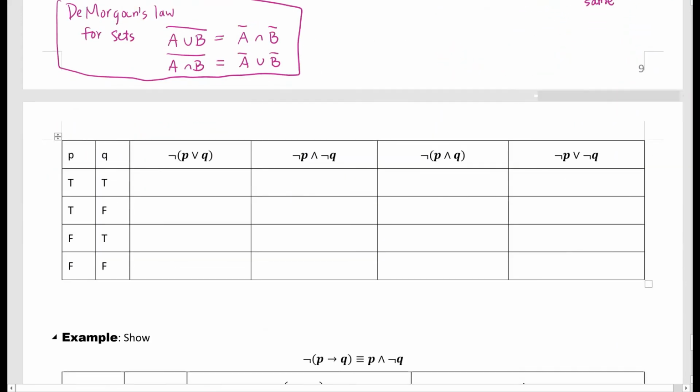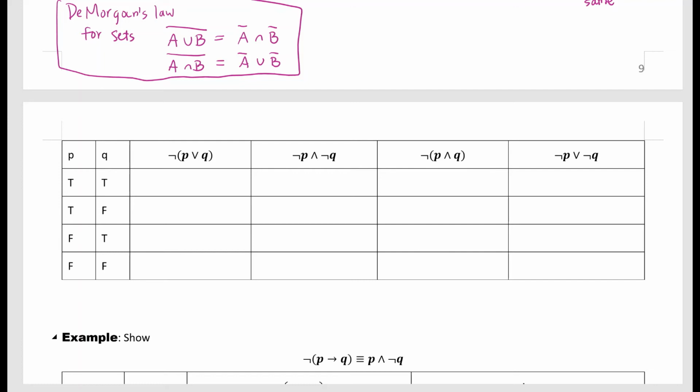All right, so this is the truth table. Let's use the truth table to prove it. For De Morgan's law for sets, we used the Venn diagram to prove it. But here we're not talking about sets, we're talking about logic, propositions. So we use a truth table to show their equivalence.